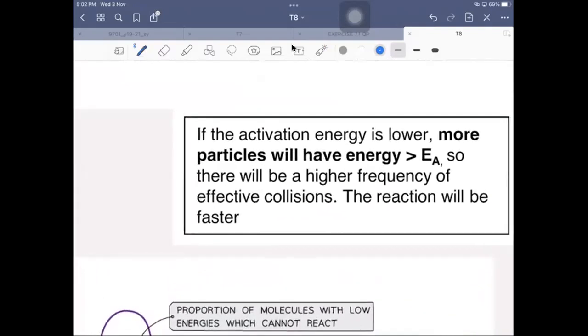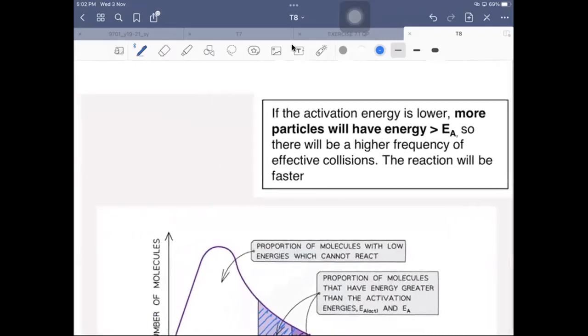If the activation energy is lower, that means it is shifted to the left, it is moved to the left. More particles will have energy equals to or bigger than EA. Well, the symbol there is equals to, bigger than. So there will be a higher frequency of effective collisions. The reaction will be faster. That's it. That's all you have to explain.